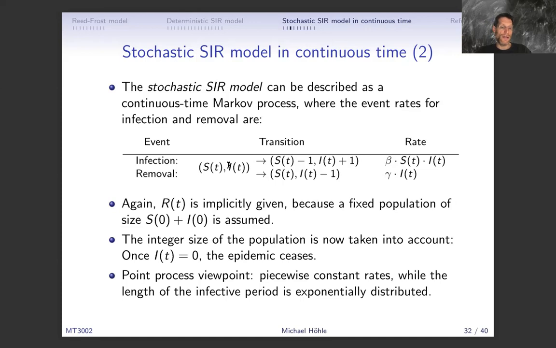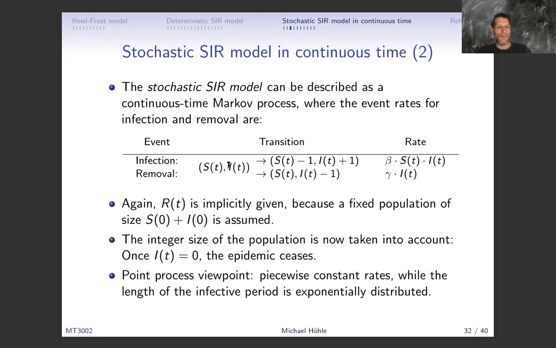This is opposite to the deterministic SIR model with continuous state, where we saw that we can use any real value between 0 and the total maximum number of susceptibles. And of course, why is there a distinction?